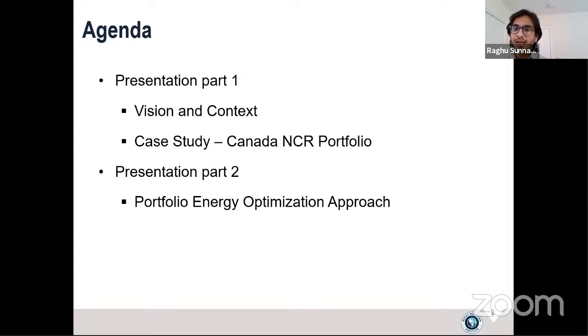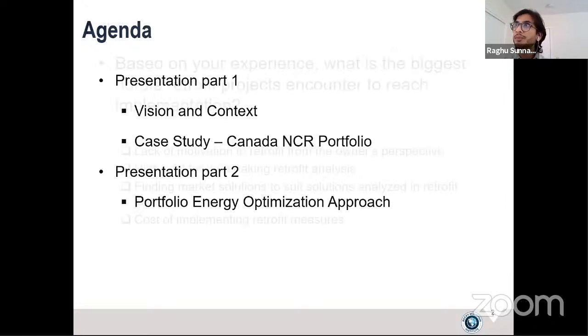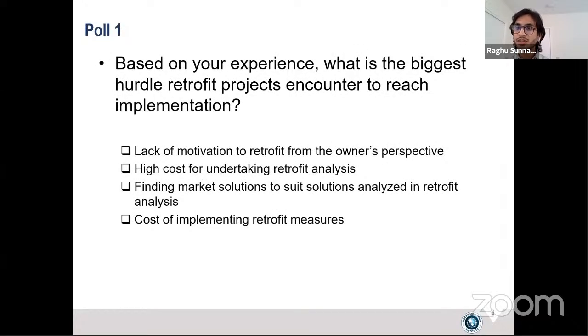Then we'll talk about a case study, how all the high-level visions were applied and how the whole thing was implemented for a project in Canada, National Capital Region. Then I'll go over the high-level approach of what the PEO tool takes. So can you initiate the first poll, Aaron?